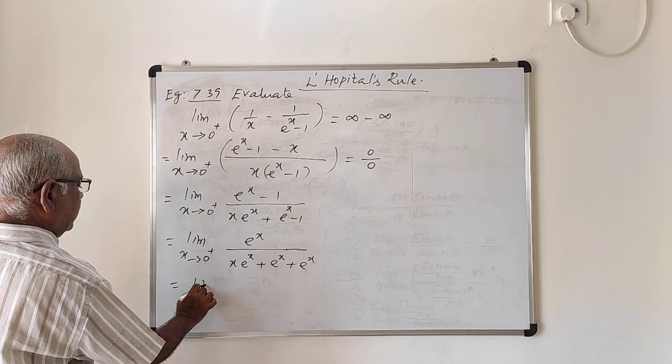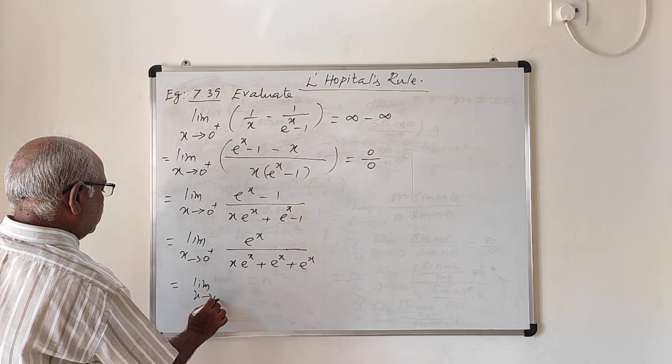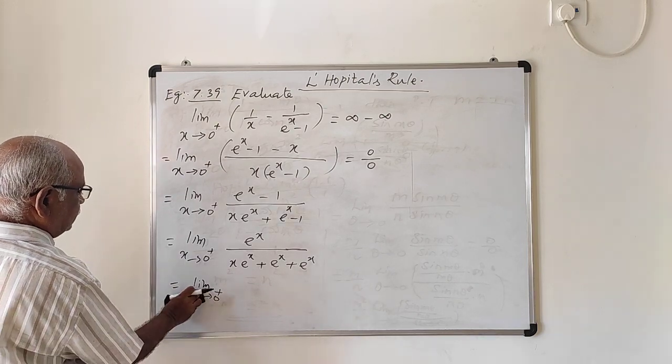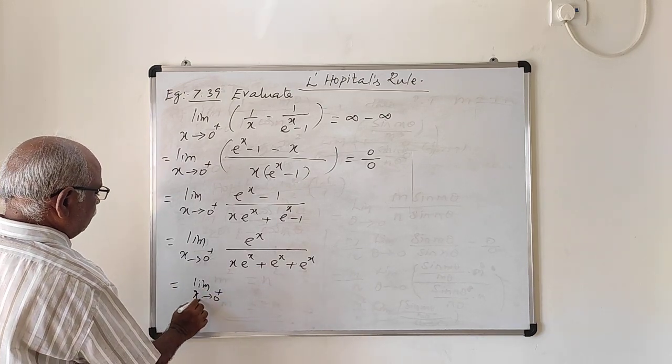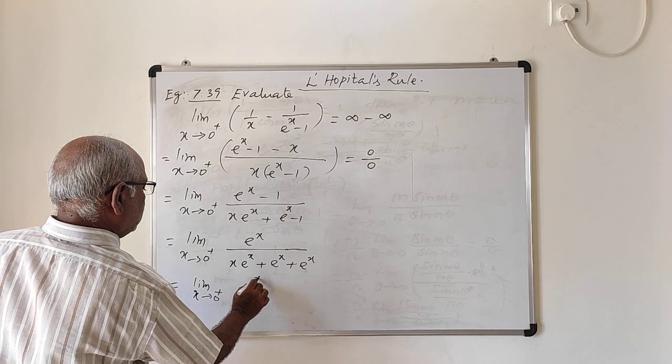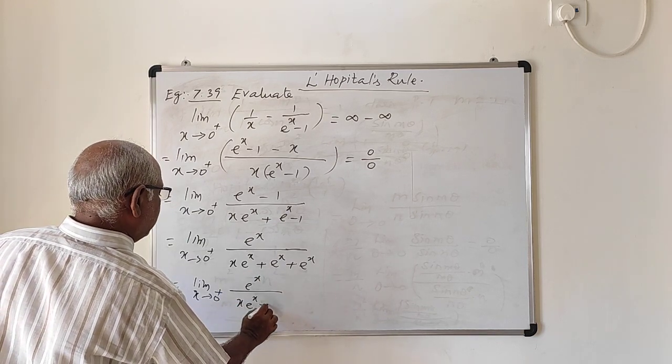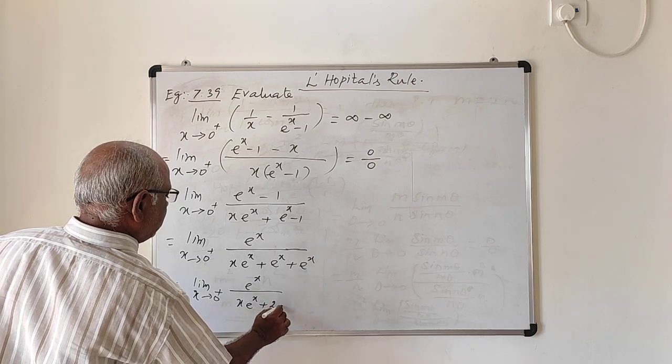You will get the limit as x tends to 0 plus of e power x by x e power x plus 2 e power x.